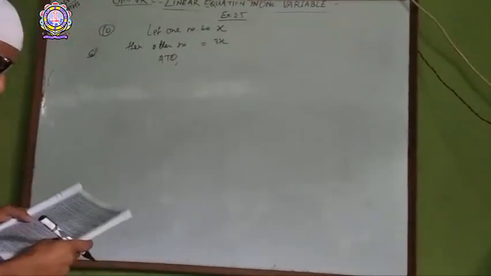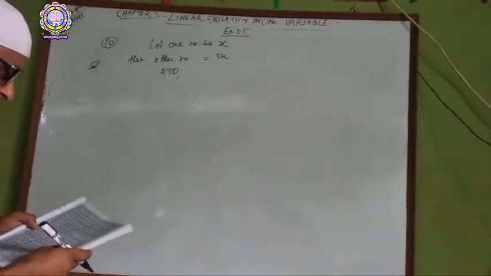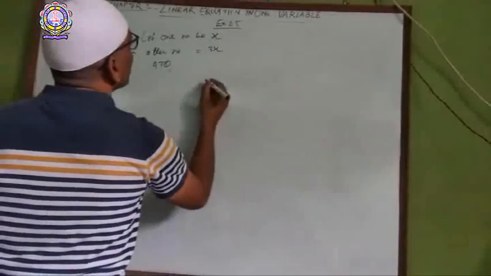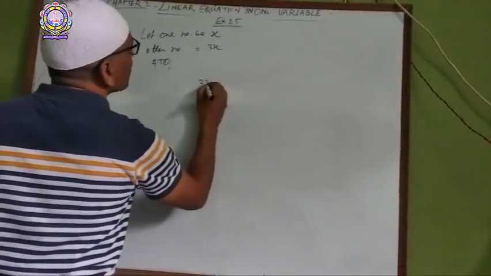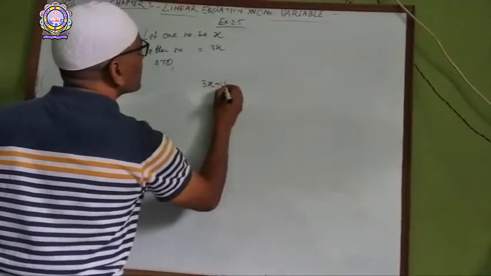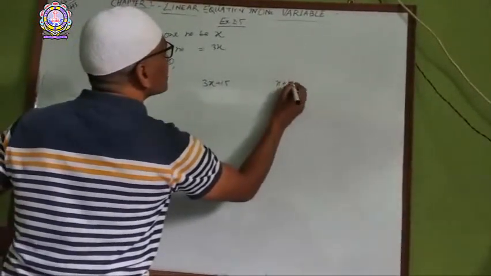here if 15 is added to both the numbers, then one of them becomes twice the other. 3x plus 15, x plus 15.